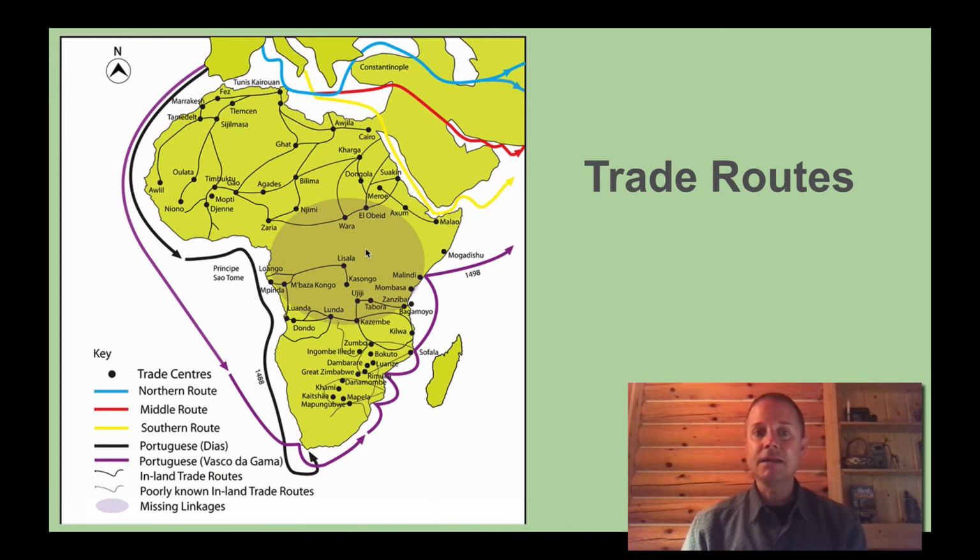These kingdoms had a lot of trade. They had these trade networks, these trade routes. This map shows the internal trade throughout Africa. You can see the cities in northern Africa are all connected, and the ones in southern and central Africa tend to be connected as well. So you have kind of 2 different trade networks here.